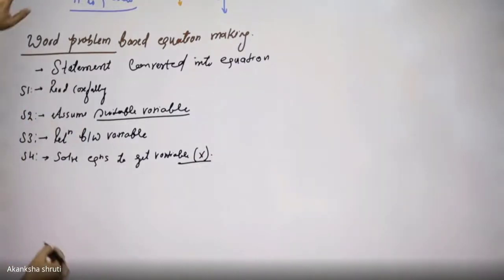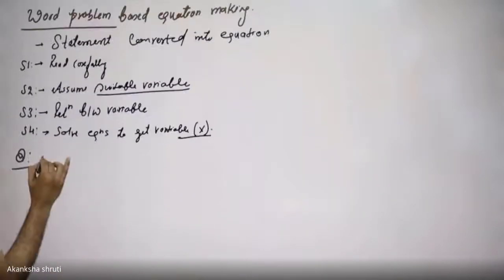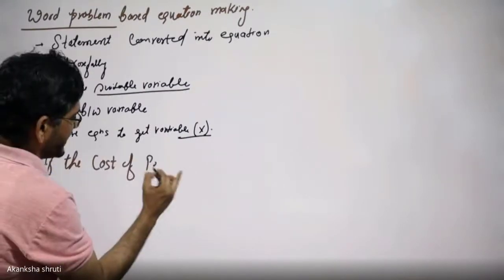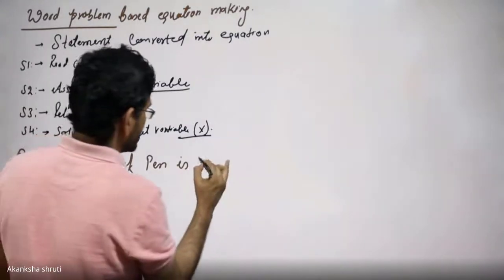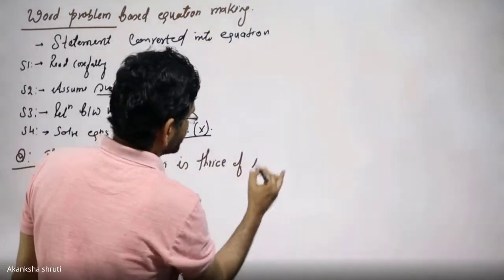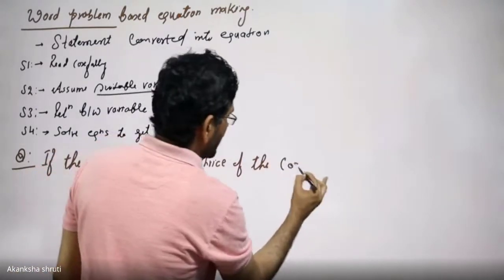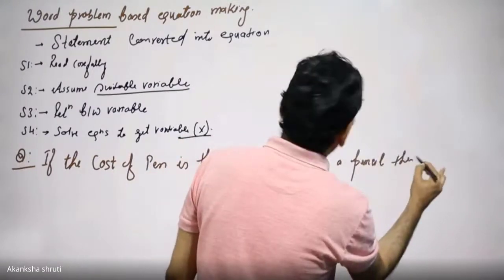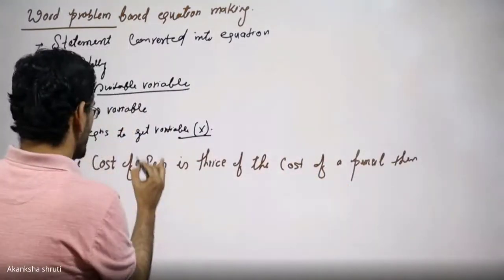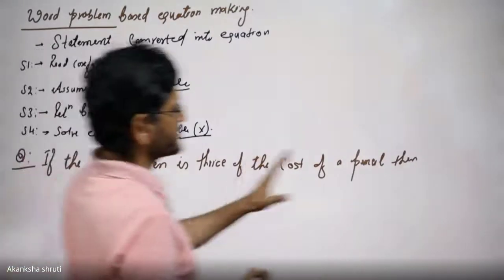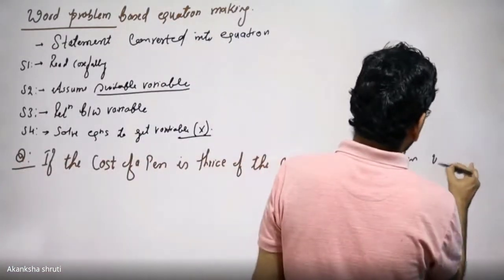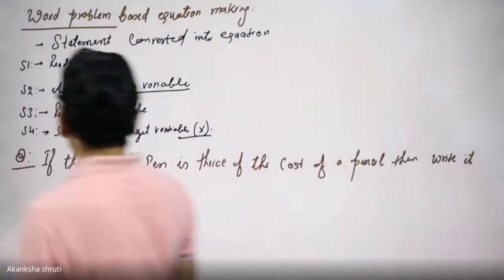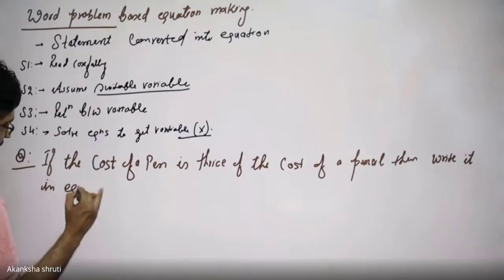So how is this? Let us see one question. Students, let us consider one question. If the cost of a pen is thrice the cost of a pencil, then write it in mathematical form or equation form.